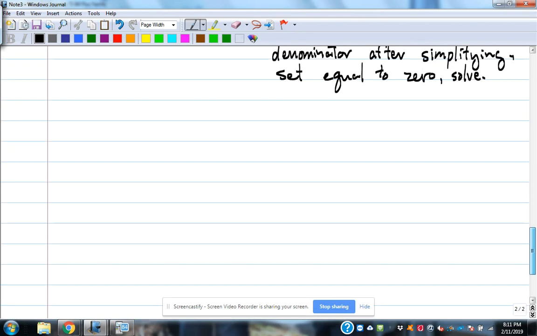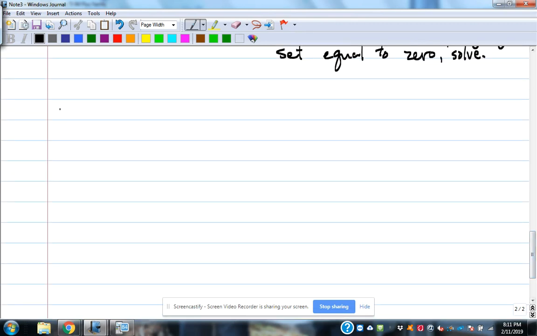The next type of asymptote is horizontal asymptotes. They have a condition that has to be met in order to exist. You don't always have horizontal asymptotes. Okay?